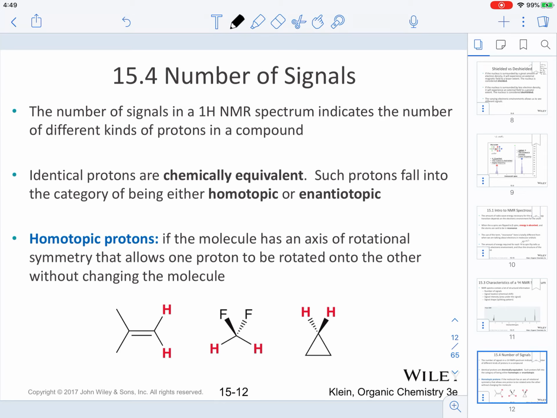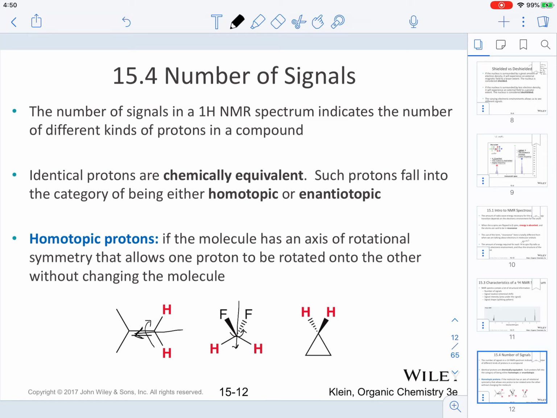If we look at the first molecule given, the 2 vinyl protons that are in that alkene, we can envision that if we rotate it along this axis, those protons are going to be interchangeable. If we look at the second example, which is that dihalide alkane, and we rotate through this axis, then those 2 protons are going to be interchangeable.